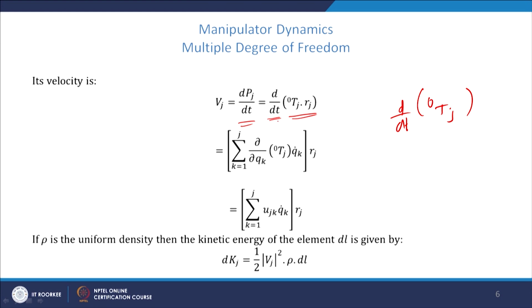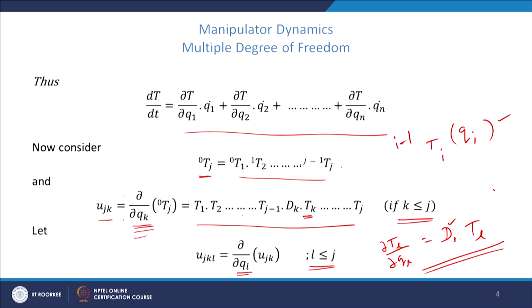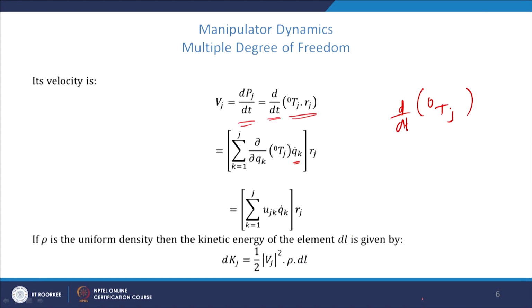In terms of the partial derivative, we will write the summation k equal to 1 to j of del by del qk of this into dqk by dt. So, it is the same formula as given here for the total derivative. Instead of n we have j here, that is the only difference. So, multiplied by Rj, by using the notation Ujk, this can be replaced by Ujk.